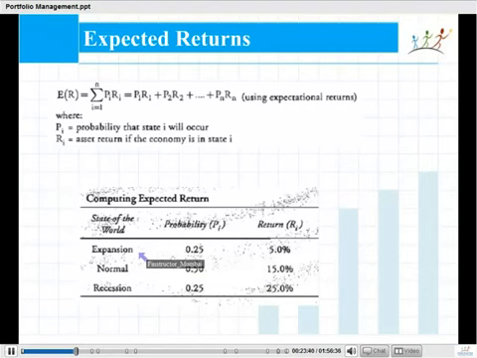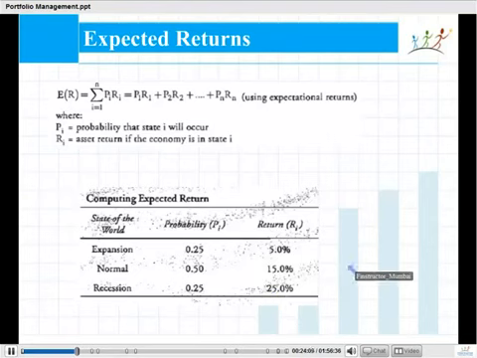If the economy is in an expansion, the stock is expected to give a return of 5%. There's a 50% chance that the economy will be normal. If the economy is normal, the stock is expected to give a 15% return. There's a 25% chance of a recession. This stock actually gives a very high return in the case of a recession. It will give you a 25% return in the case of a recession.